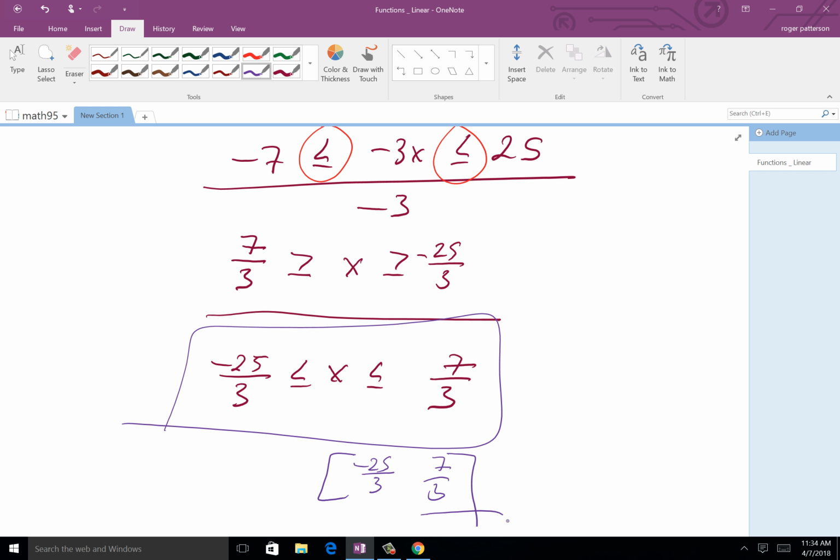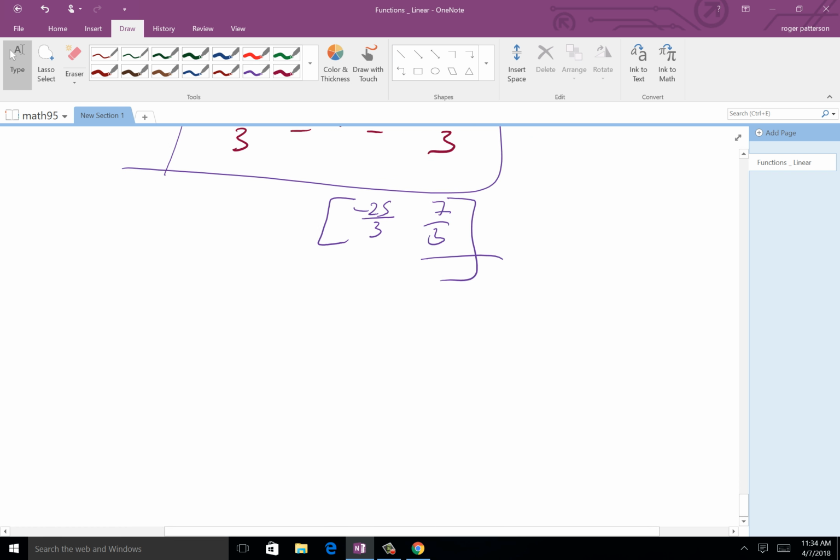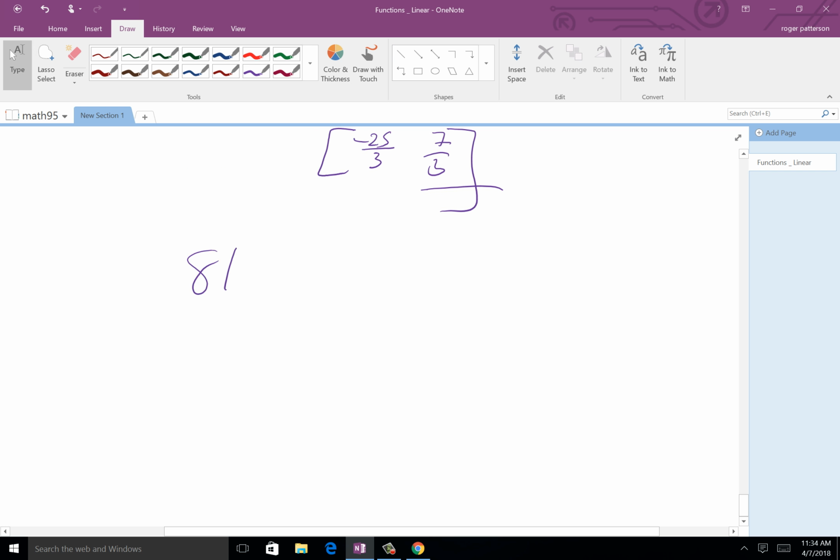All right, and then the table goes negative 2, negative 1 down to negative 4. Negative 2, negative 1, 0, 1, 2, 3, and 4. There's your x's. And then the y has negative 6, negative 3, 0, 3, 6, 9, and 12.